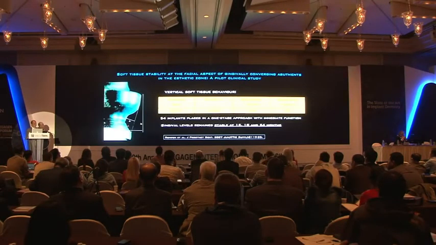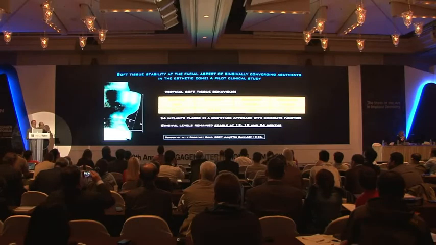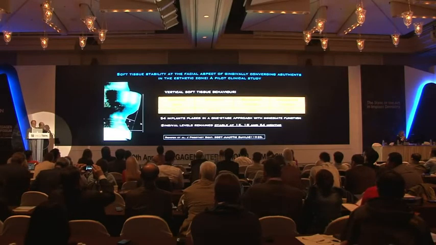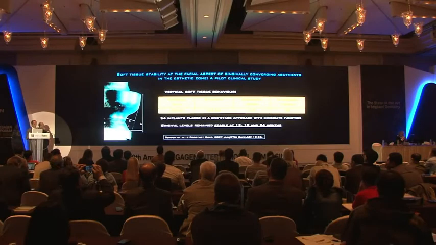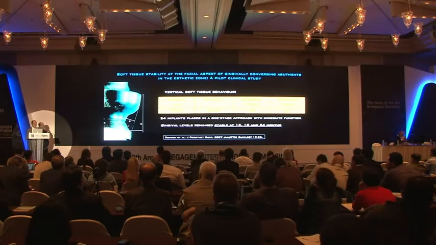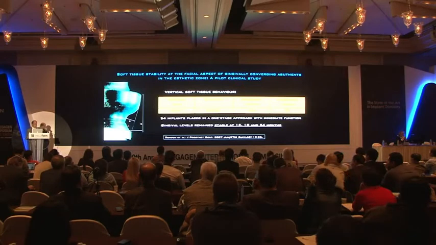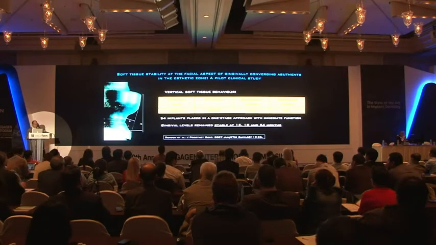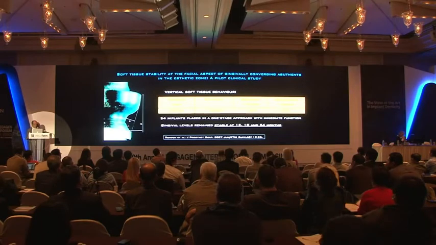The advantage of this type of abutment is described in Rompen's article published in the Journal of Prosthetic Dentistry, which demonstrates how, with 54 implants with conical profile abutments placed in a one-stage approach with immediate function, the gingival level remains stable at 12, 18 and 24 months. We have a vertical gain in 53%, stability of the tissue in 33%, and recession only in 13%, all less than 0.5 millimeters.